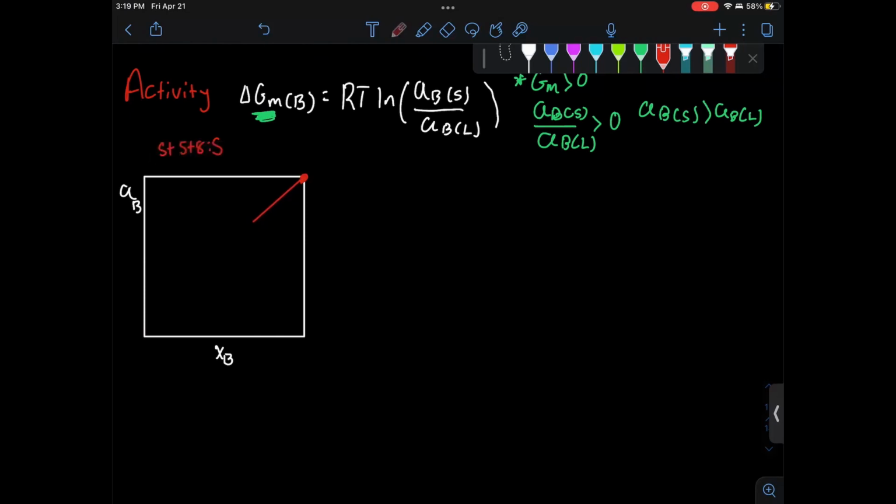At this special point, our solution is going to undergo a phase transformation. And our activity, we know, has to be constant under a phase transformation. From here, we have to get all the way back down because we know when we have no B, the activity of B is 0.